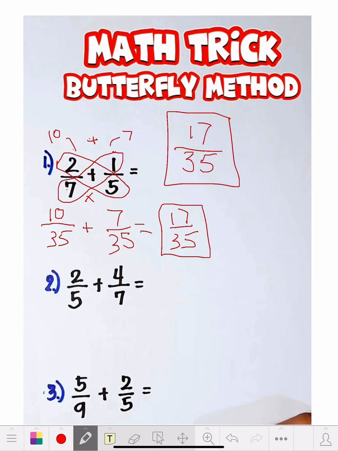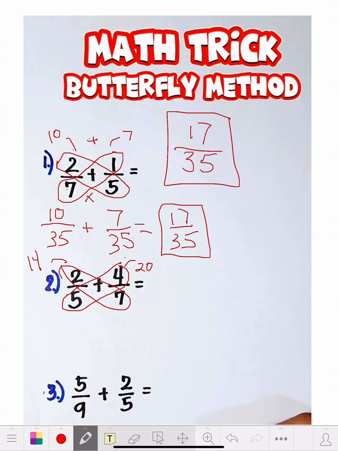And I didn't have to go 7 times 2 is 14, times 3 is 21. I didn't have to do that. So, truthfully, this worked out pretty good. Let's try the next one. Make the little butterfly, with a little antenna going here. So 7 times 2 is 14. 5 times 4 is 20.